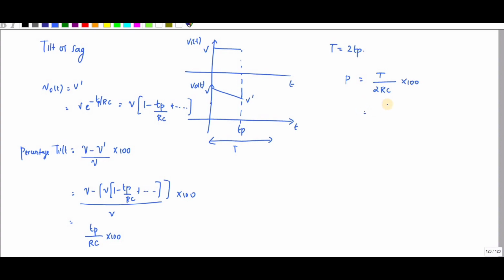I can write this further as 1 divided by 2fRC into 100. I can write it further as pi f1 divided by f into 100, where f1 is equal to 1 divided by 2 pi RC.